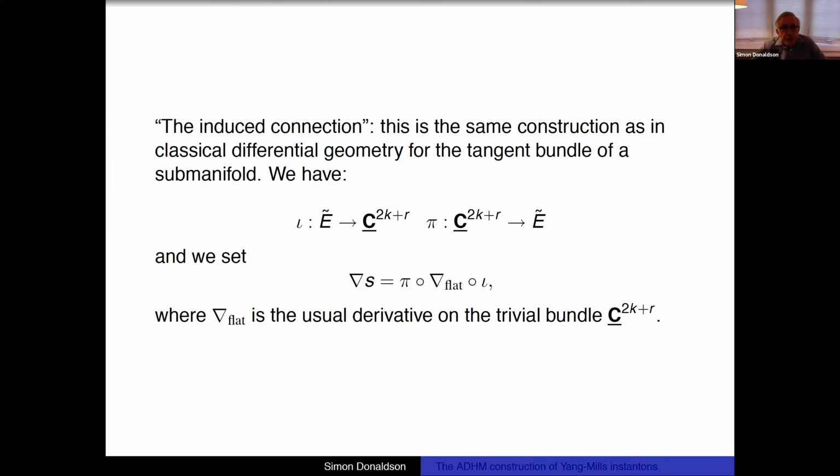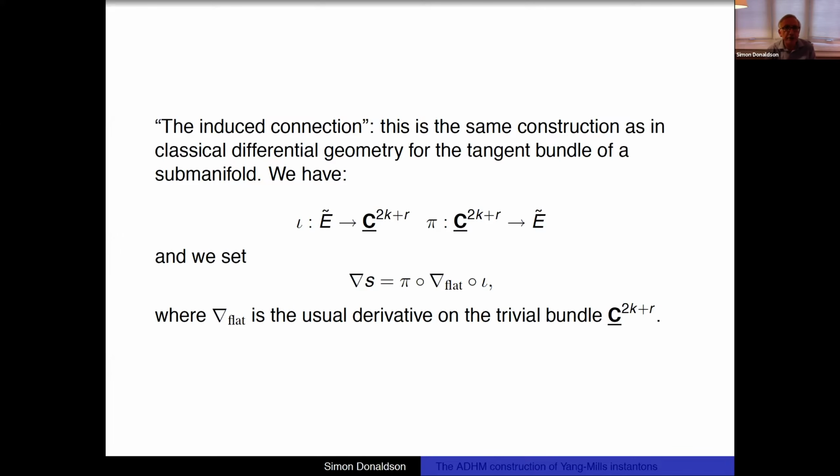So now to define our connection or covariant derivative on the sections of E tilde, we first apply iota. We can consider them as sections of the bigger bundle. But there this is just a trivial bundle, so we have a standard flat connection, just ordinary differentiation.